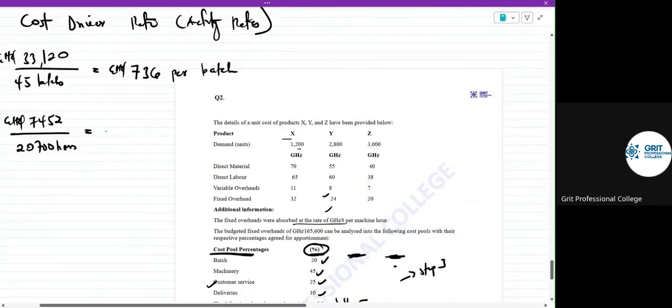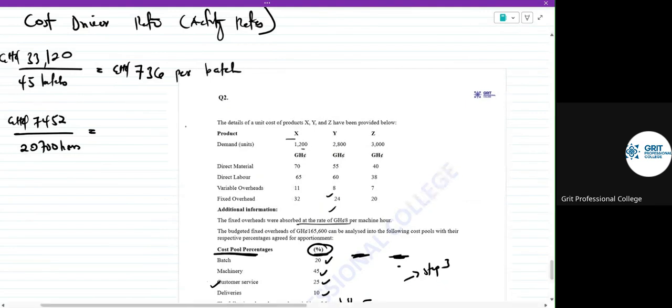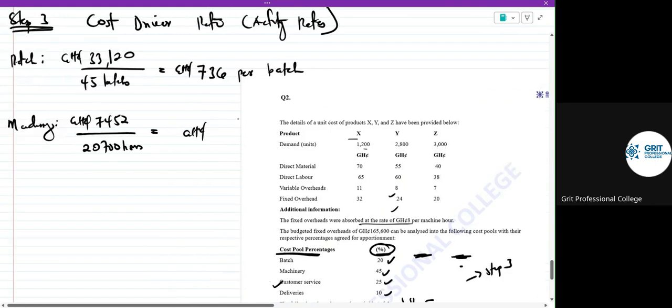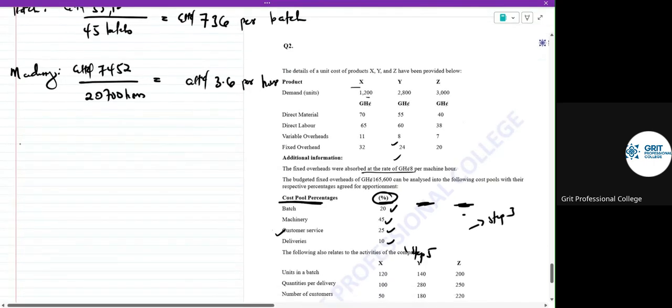So finding the unit machine hours was the best approach to go about it. All right. So what do we have here? 3.6 cedis per machine hour, as you want to call it. Third one is customer service.